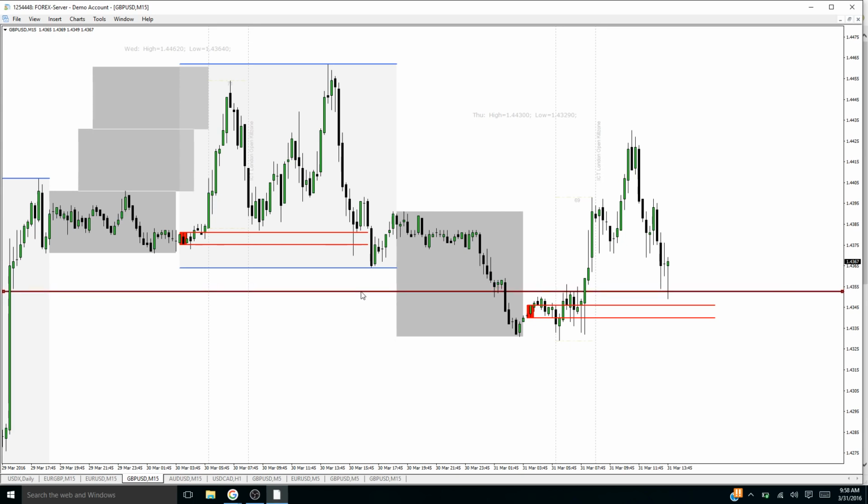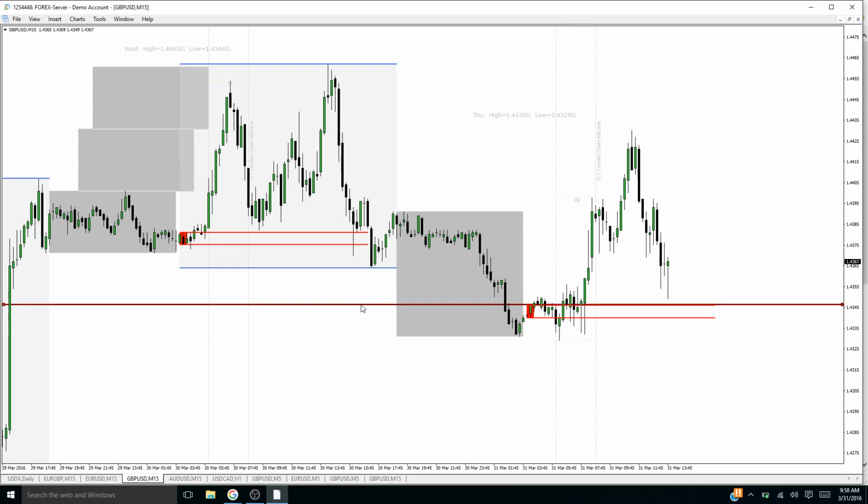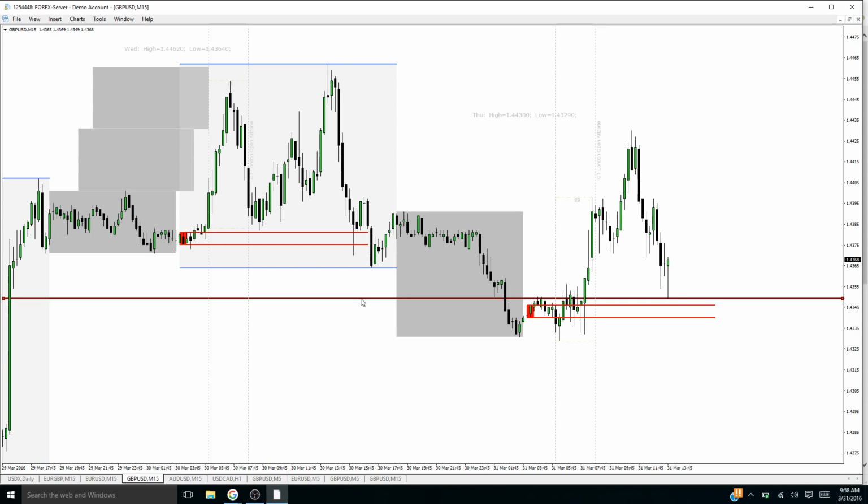So now we're going to fine tune it down into the 15-minute bullish order block. You see right here, price hit that here. We're still in New York.